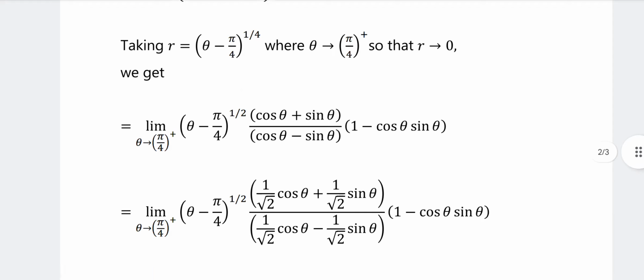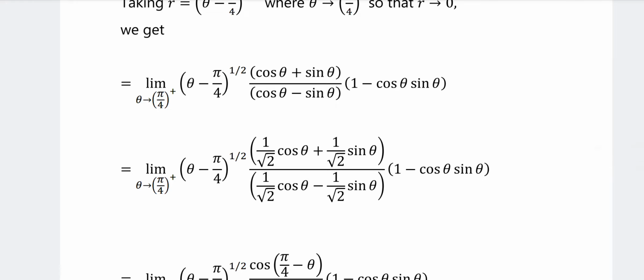Now we can multiply numerator and denominator by 1 by root 2. So this will change into this form: limit theta tends to pi by 4 plus of (theta minus pi by 4) to the power 1 by 2 (1 upon root 2 cos theta plus 1 upon root 2 sin theta) upon (1 upon root 2 cos theta minus 1 upon root 2 sin theta) into (1 minus cos theta sin theta).